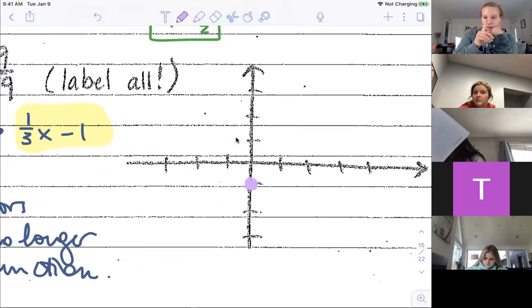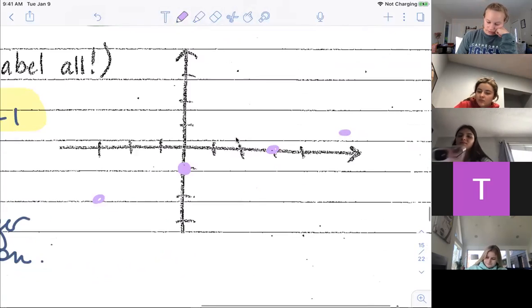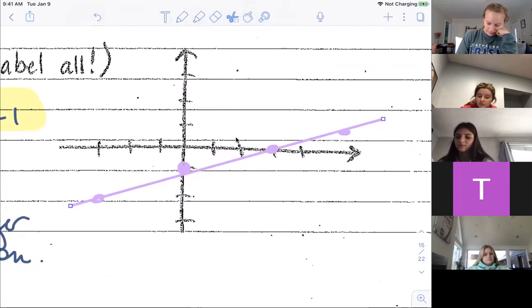And then I'm going to go up 1 over 3. Up 1 over 3. Up 1 over 3. Same thing, down 1 over 3. And connect my line. Whoa, it went off the page. This is not a great to scale drawing, but I did my best. Pretend that's better.